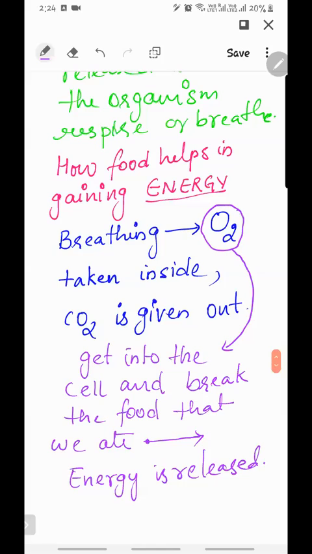Here the oxygen is used in the cell, right? Oxygen is utilized in the cell, so this process is called cellular respiration.